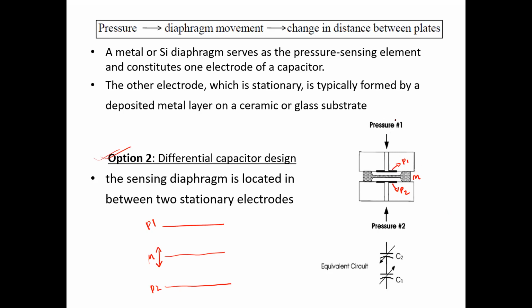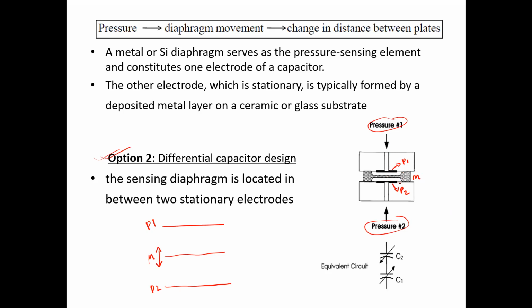With respect to the pressure difference, the diaphragm will either shift towards the upper plate, reducing the distance between the upper plate and the diaphragm, and increasing the distance between the lower plate and the diaphragm. And if it is shifted downwards, then just the opposite will happen.